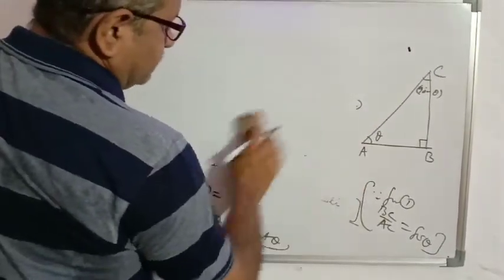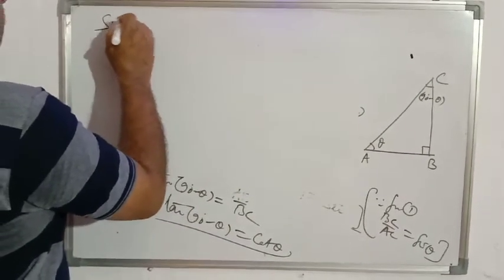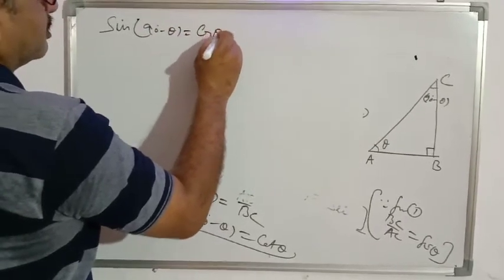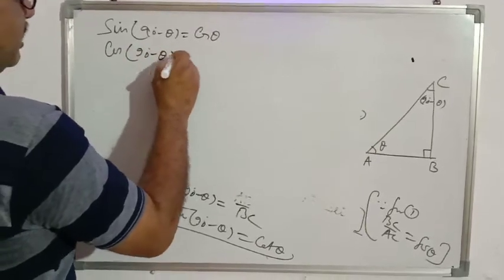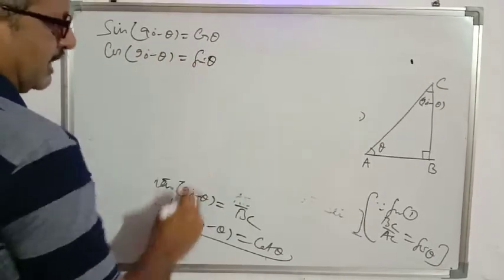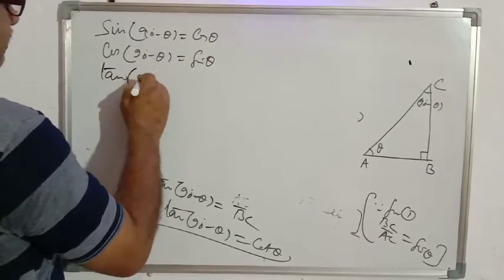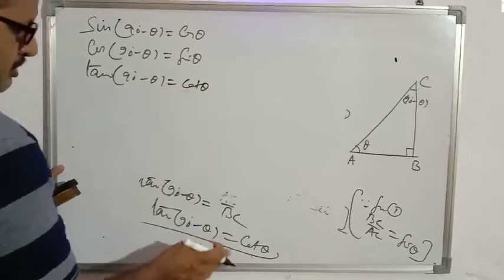So we can summarize it. Sin 90 degrees minus theta is equal to cos theta. Cos 90 degrees minus theta is equal to sin theta. Tan 90 degrees minus theta is equal to cot theta.